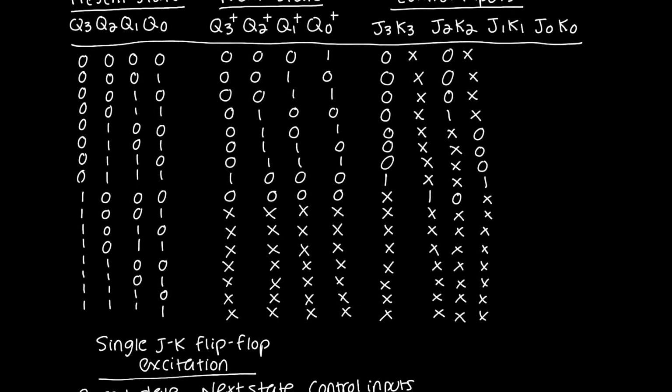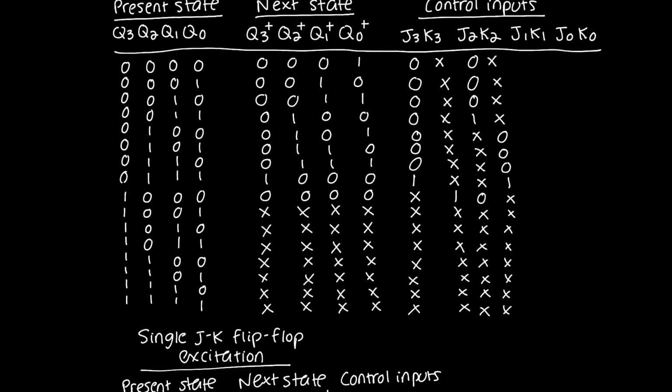All right. And back to J1, K1. So I'm trying to do these control inputs over here. And to do that, I need to look at Q1 present state, Q1 next state. So we'll go row by row. 0, 0. So that gives me a 0X. Now I'm looking at Q1 present state, next state. I have a 0, 1 transition.